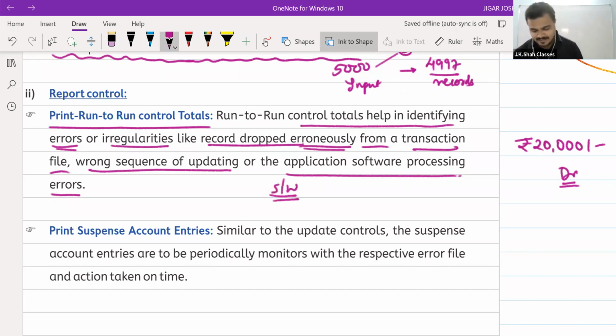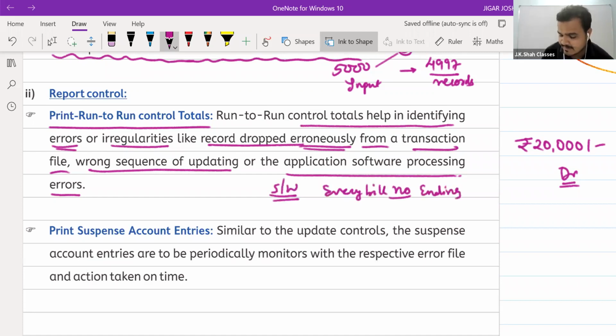Suppose he gave me the software access, and I said that every bill number ending with 3 should not be recorded in the system. Done. So when he records 1 to 10 transactions, the third number will not be recorded. When he records 11 to 20, 13th will not be recorded.